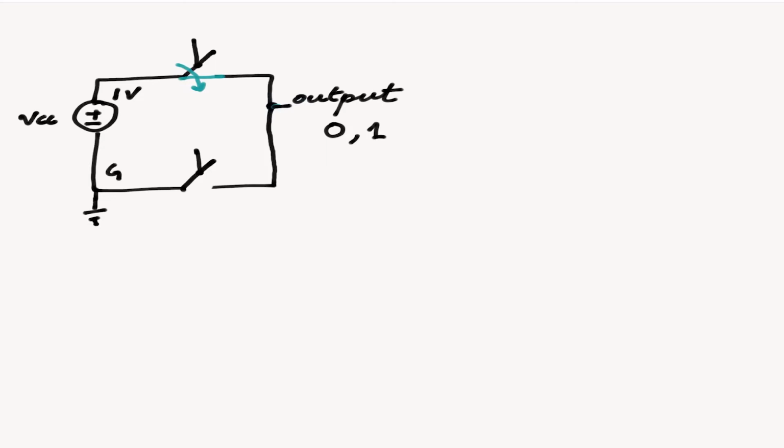When the top switch is closed, this point is connected to 1 volt, so it's logic 1. When the bottom switch is on, let's call them S1 and S2, and the above one is off, this node is connected to ground, so we are sending a 0.